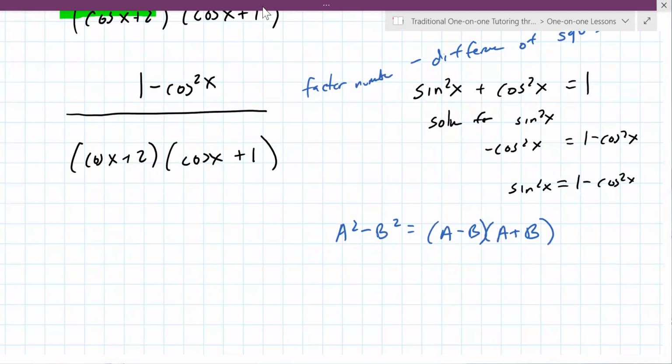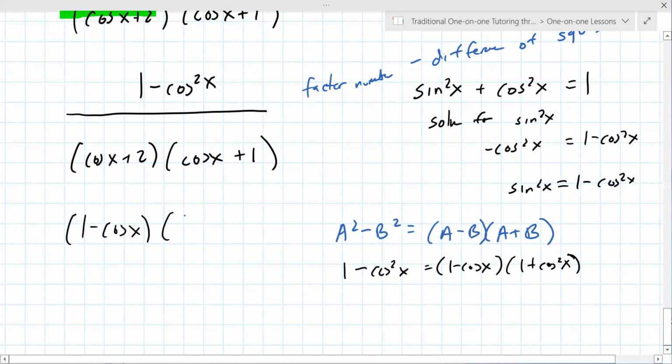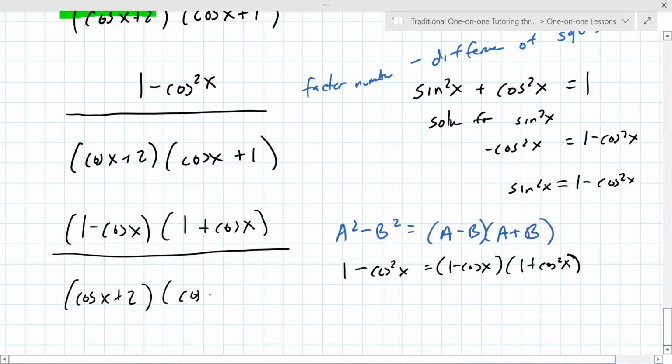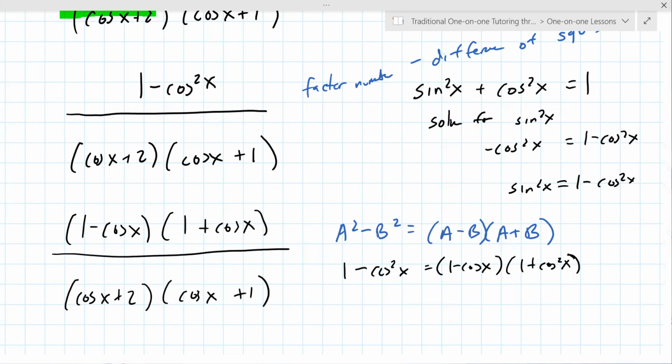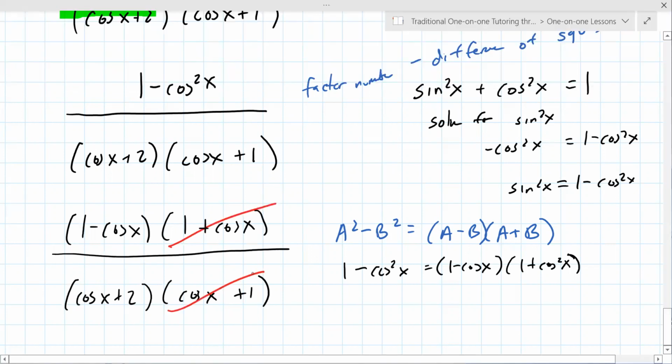So you say to yourself, oh yeah, it's really 1 minus cosine x, 1 plus cosine x, because 1 squared is the 1, cosine squared is the cosine. So you write 1 minus cosine x, 1 plus cosine x over cosine x plus 2, cosine x plus 1. And you're like, oh, I see something here I can cancel. And that's what you were looking for. You're looking for cancellations there. And then you've got it.